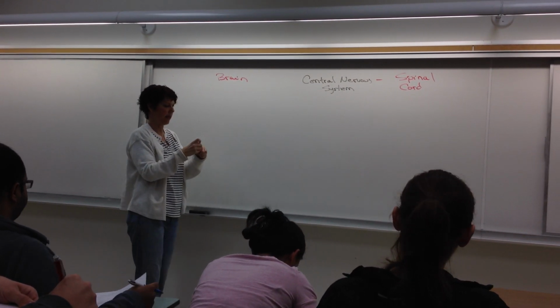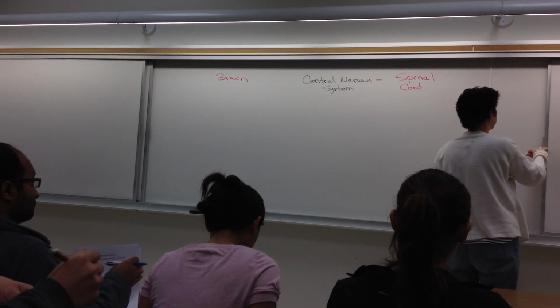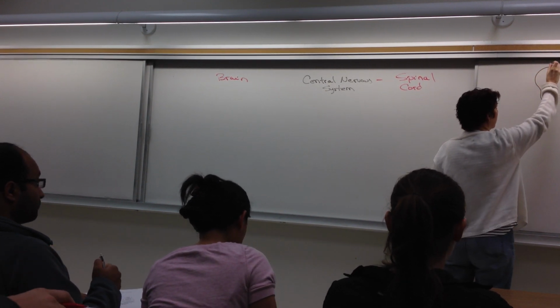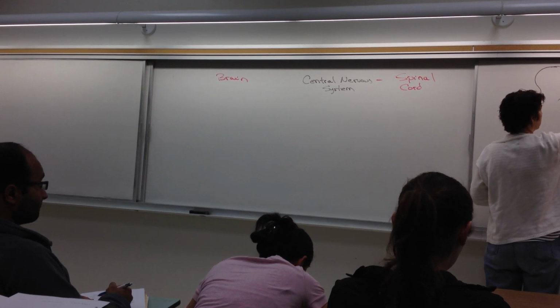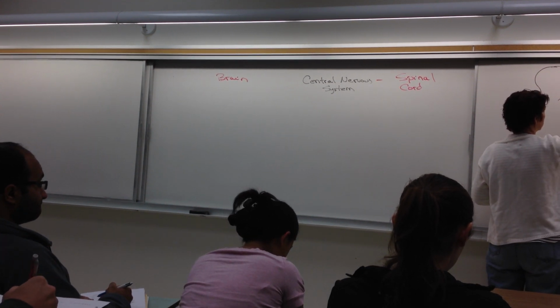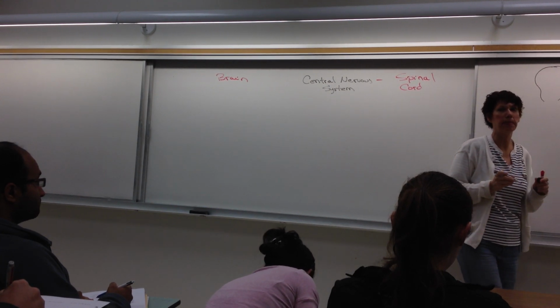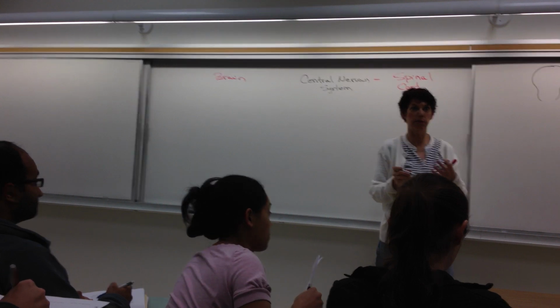So if we diagram that schematically, you would have the brain and brain stem. The brain stem being those structures, the midbrain, the pons, the medulla.